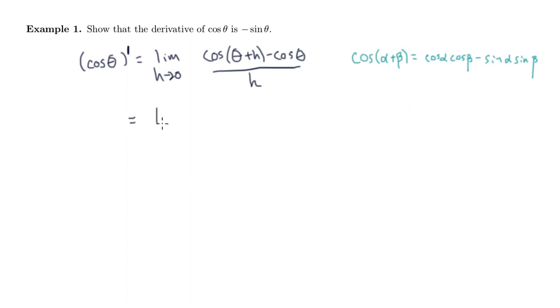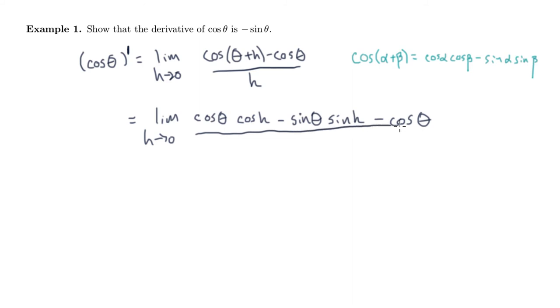That gets us pretty far because this expression we're taking the limit of becomes cosine theta cosine h minus sine theta sine h minus cosine theta. So this is, of course, coming from cosine of theta plus h. And then this is all over h.